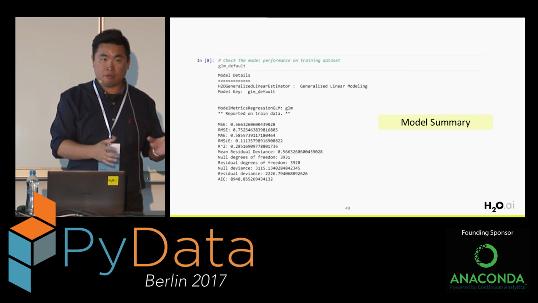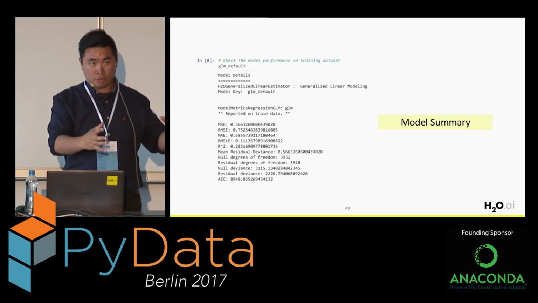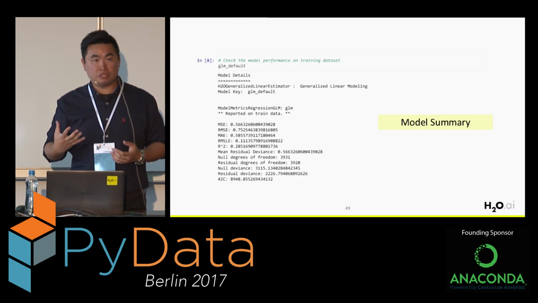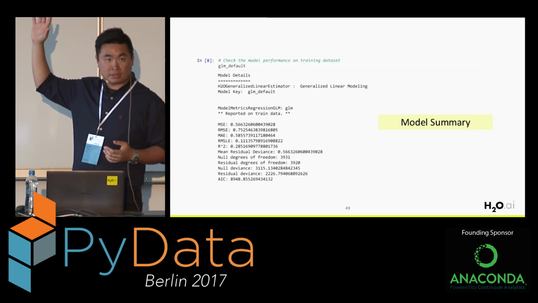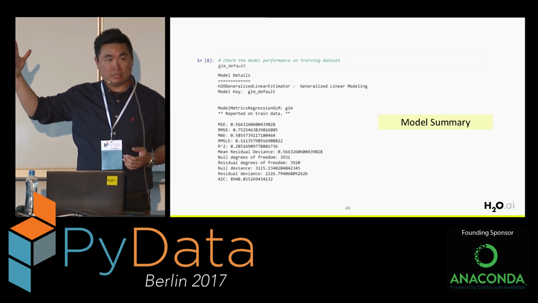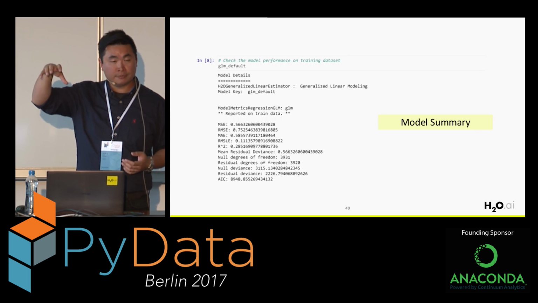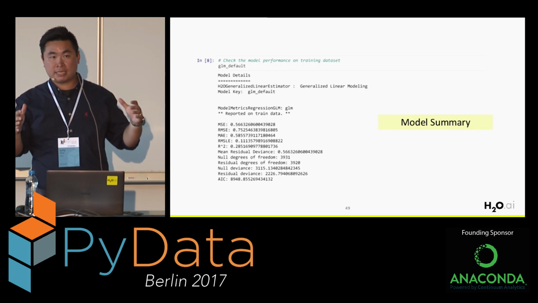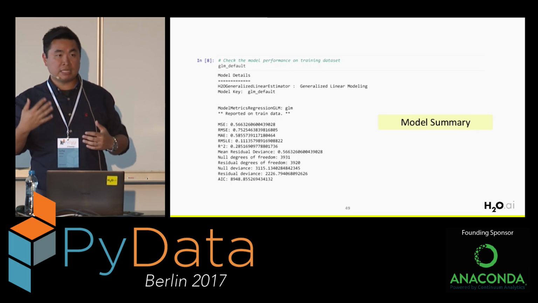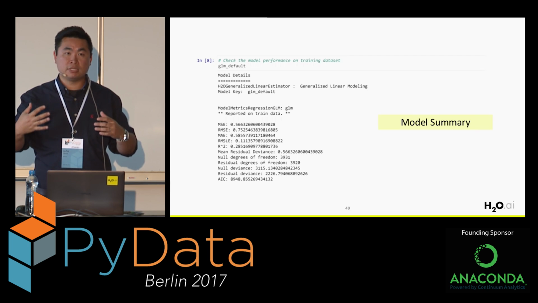You can just type the name of the model, and it will show some basic information, like a summary of the model. You may not see everything, but these are all the metrics we calculate based on the model on the training data set. But this is only looking at the training data set, which is sometimes not representative of the true performance of the model.